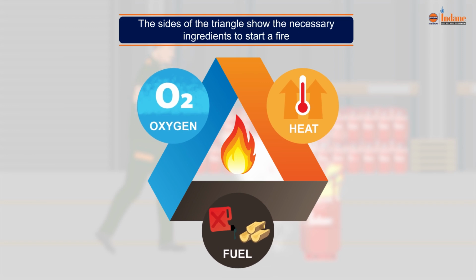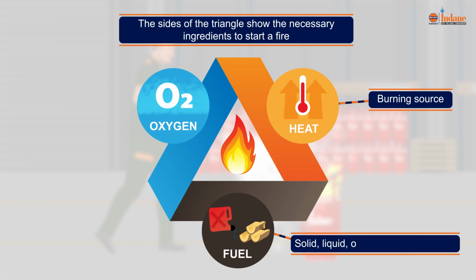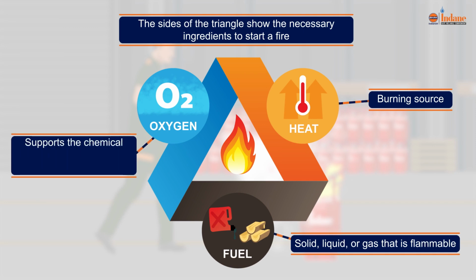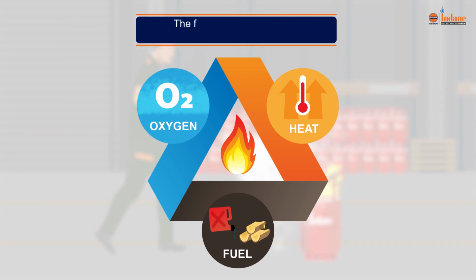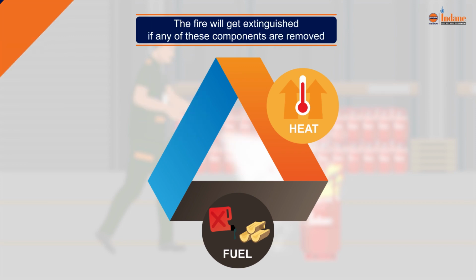Here, heat is the burning source, fuel is the solid, liquid, or gas that burns, and oxygen supports the chemical process where fuel reacts with oxygen to produce fire. The fire will get extinguished if any of these components are removed.